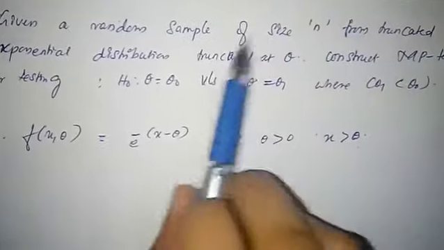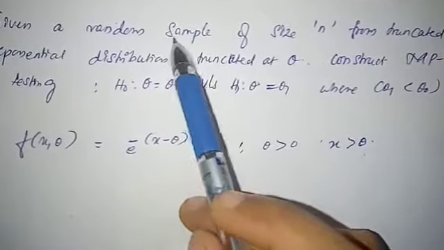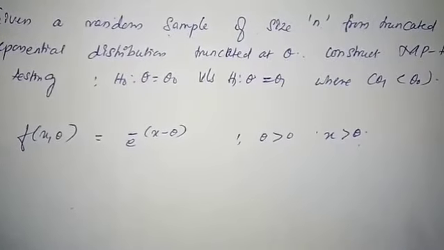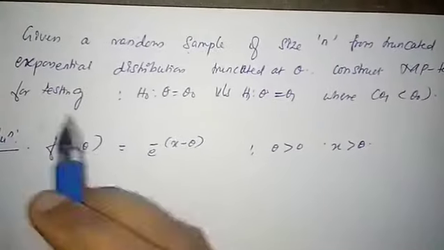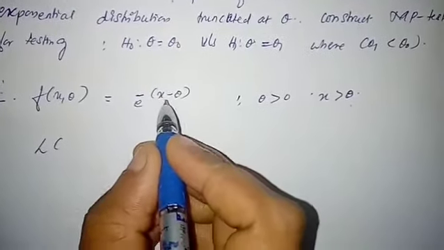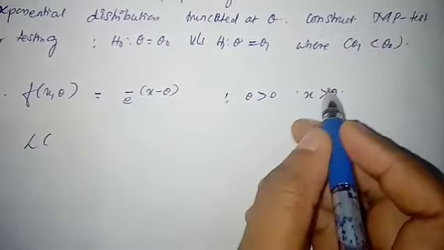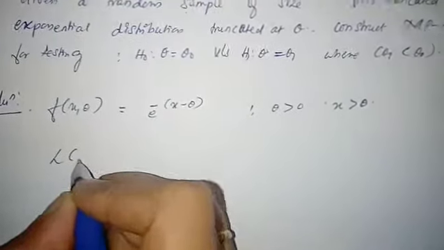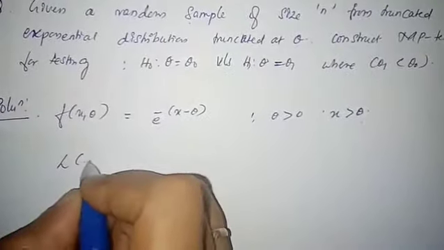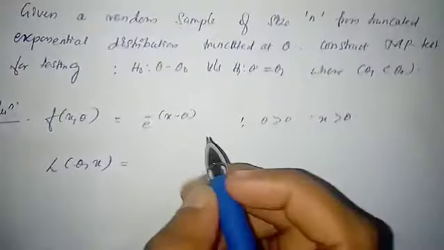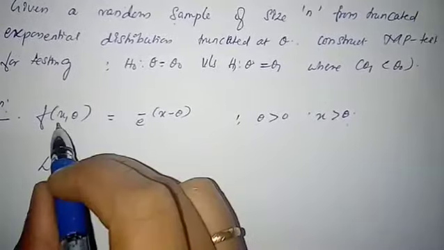The problem says the sample size is n, so we have to take the likelihood ratio. What is the likelihood? If f of x, theta equal to e power minus (x minus theta), where x is greater than theta and theta is greater than 0, then the likelihood L of theta, x equals the product of f of x, theta.